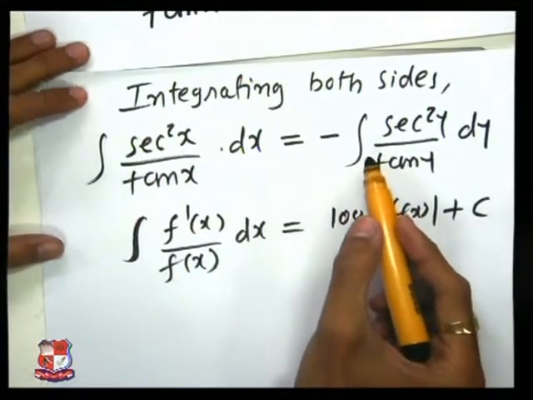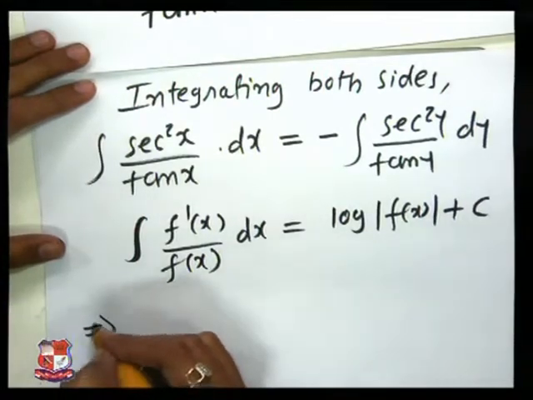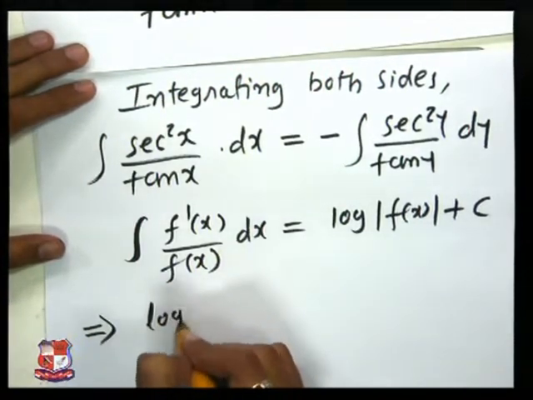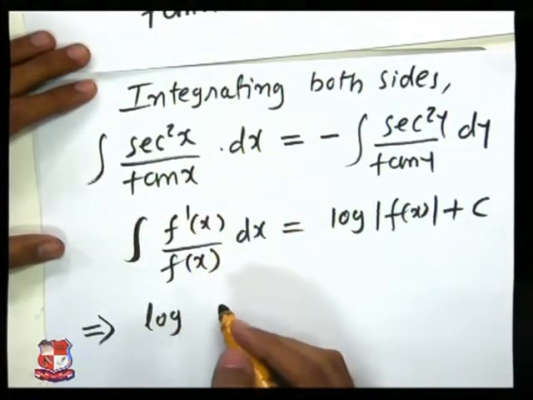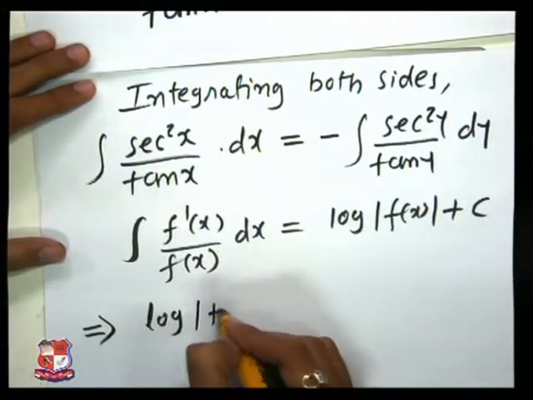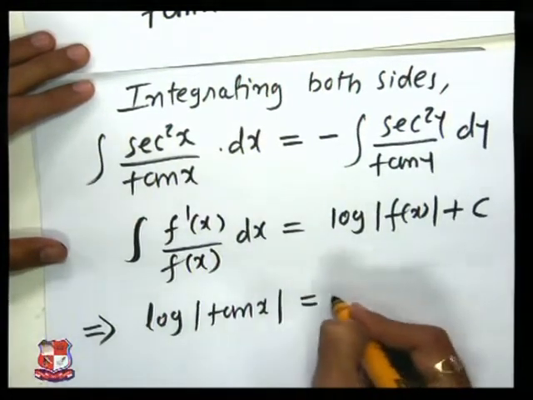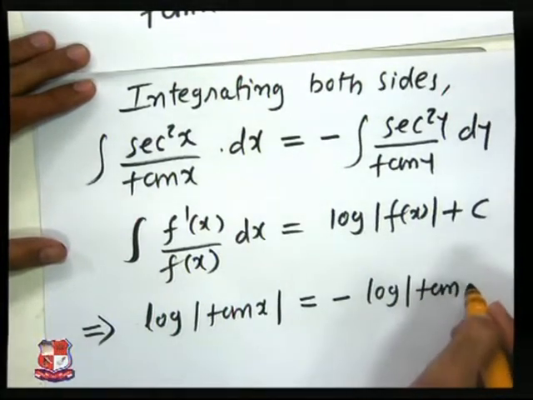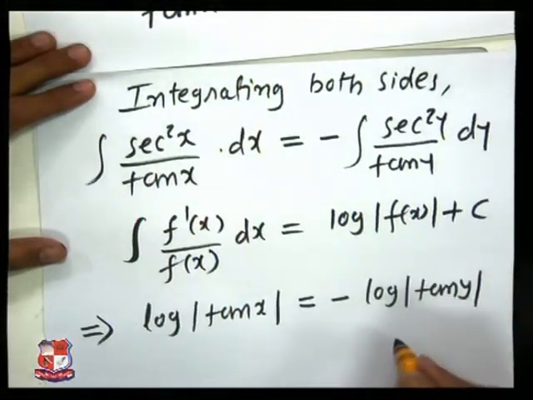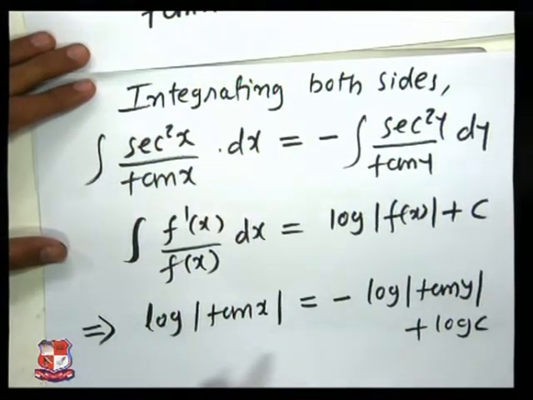So we will get the integral of sec square x upon tan x dx equal to log mod tan x, is equal to minus log mod tan y plus log c.